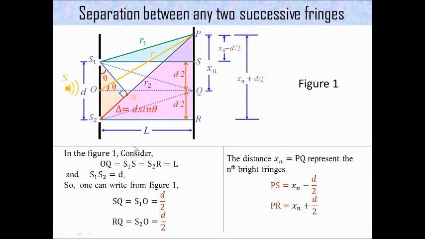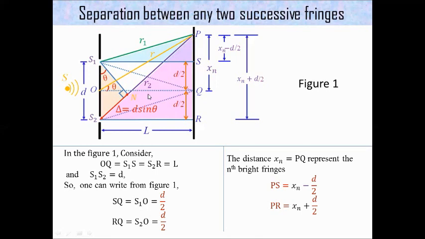That is, OQ equal to S1S equal to S2R equal to L. The distance S1Q equal to S2Q.